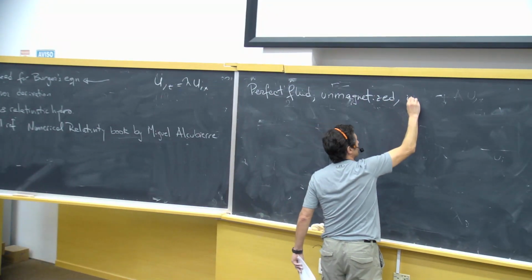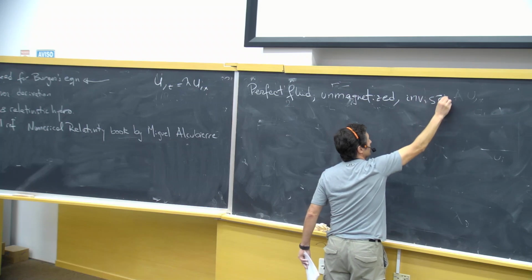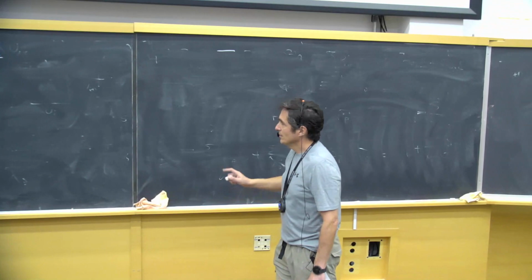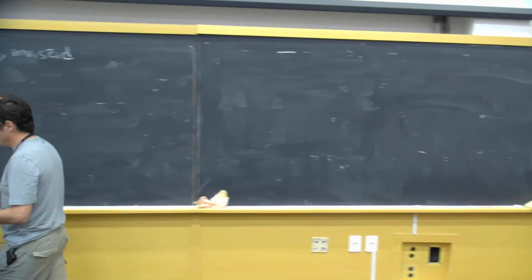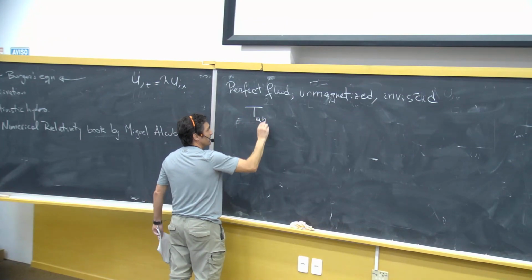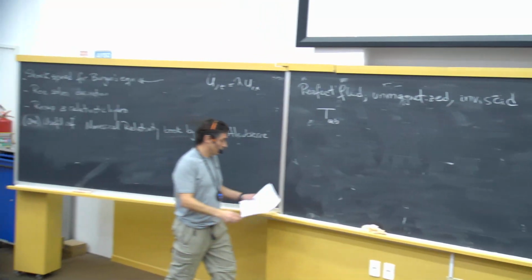It's inviscid, so there is no viscosity that we have to worry about. So it's almost as nice as it can get. We're going to introduce a further simplification later on. But we can show that this stress-energy tensor can be written in the following form.